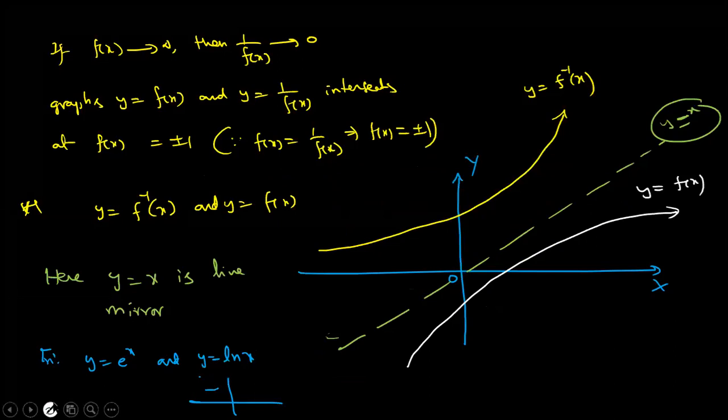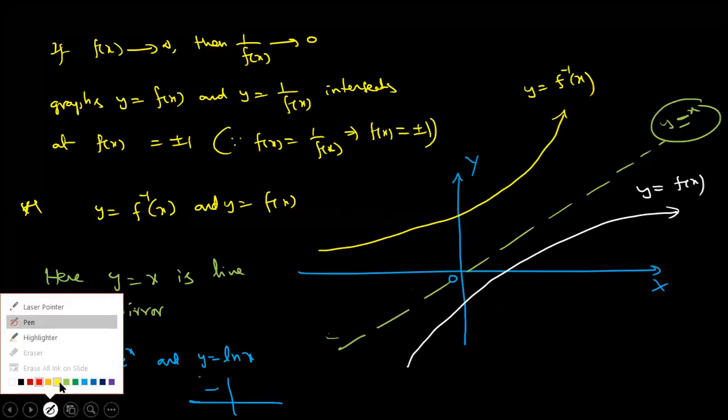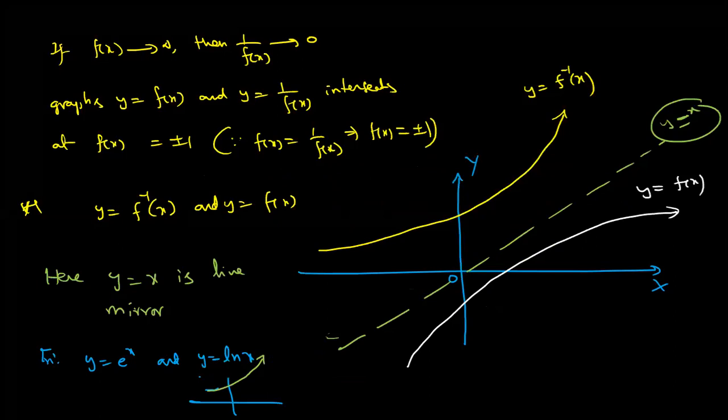Let's see. y is equal to e power x, y is equal to ln x. Both are reciprocal, which means inverse to each other, dear students. One is f of x, another one is f inverse of x. That's what I told you. The range of this function is the domain of this function. Last time we interchanged like this. So please write this down.